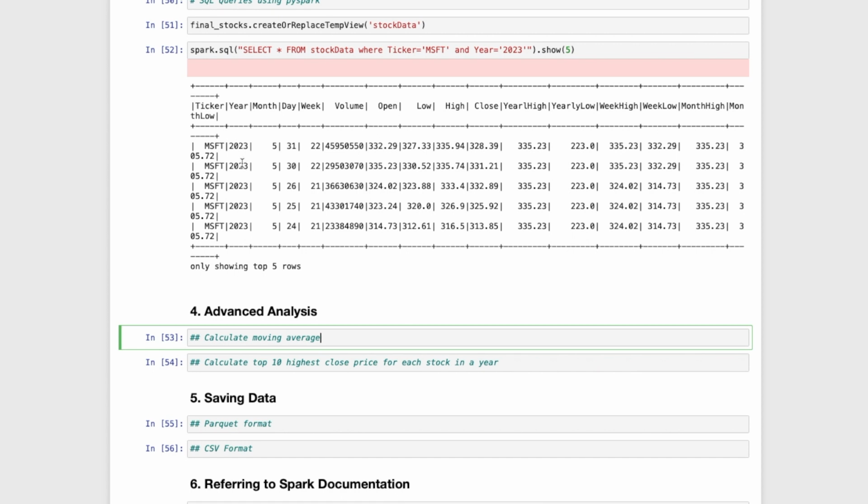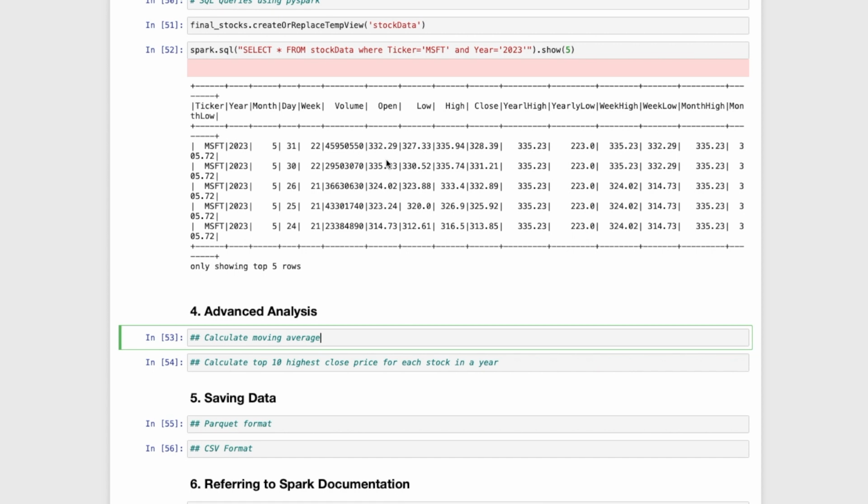So if you group the stock price data by ticker and say you want to calculate average by ticker, it's going to take all the observations under Microsoft stock, under BRKB stock, under Meta stock, under Google stock, the unique stocks, and perform the average function across a particular column like open.